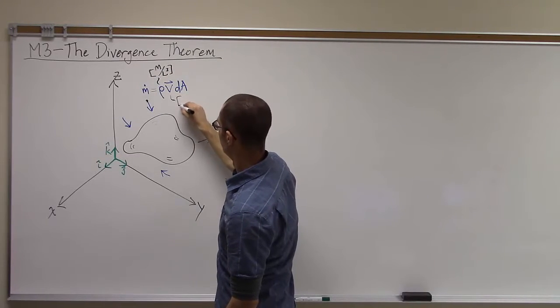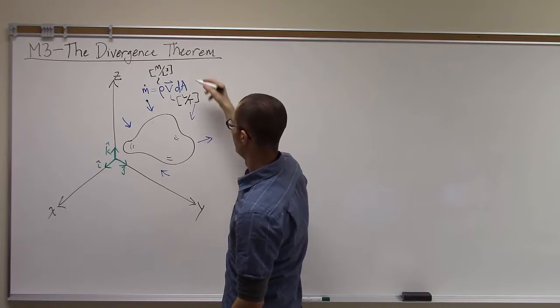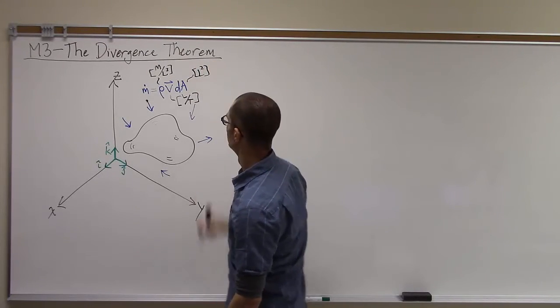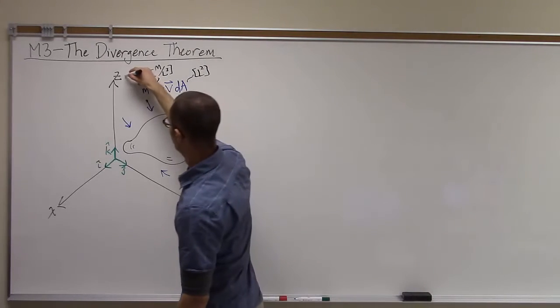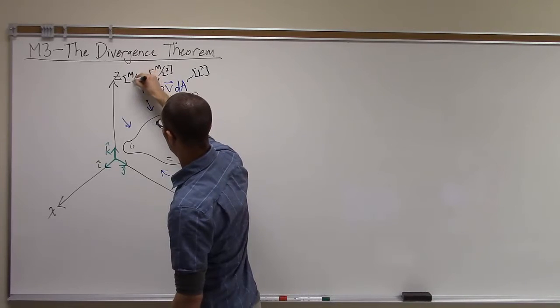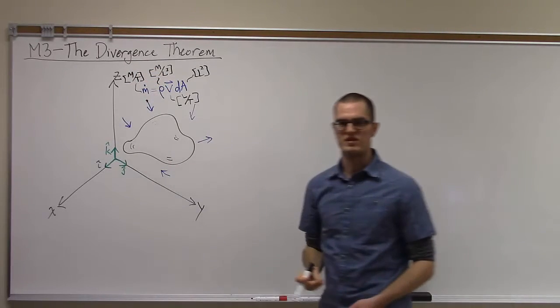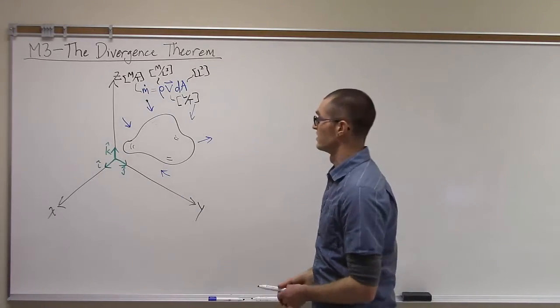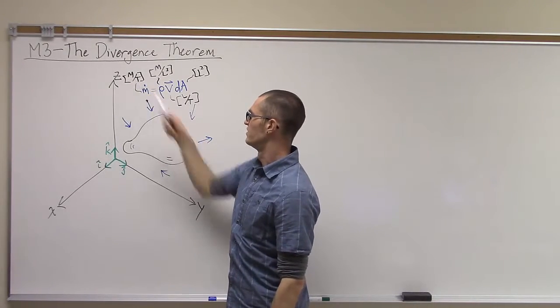For velocity, it has units of length per time. And for a piece of area, it has units of length squared. So the units of this whole expression work out to mass per time. Now, it doesn't have to represent mass, it could represent any conserved quantity, but the important thing is that it's a rate: an amount of a quantity per time.